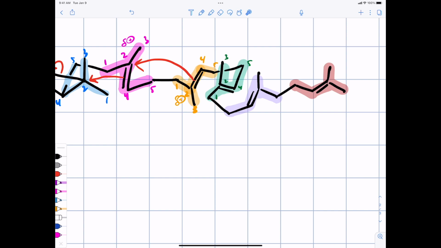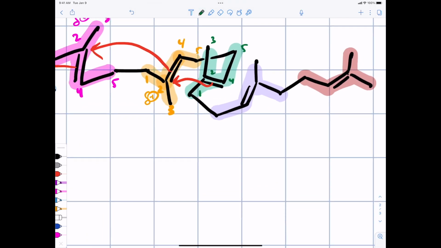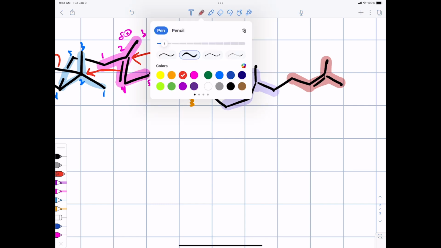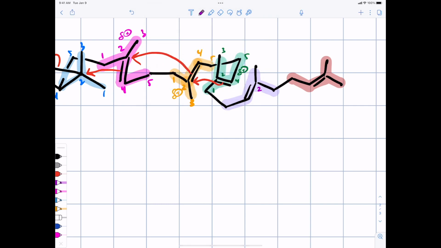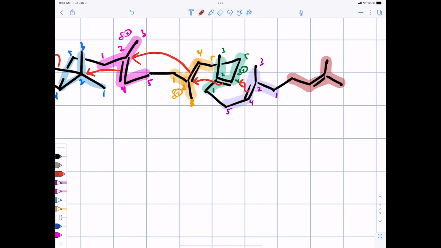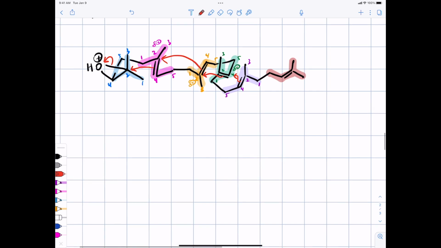All steroids have a 6-membered ring at this position. So we're going to show pi electrons making a bond between green 2 and orange 2. That's a 6-membered ring, so that there would be a buildup of partial positive charge on carbon 4. And then we're positioned so that the pi bond between purple 2 and 4 can attack green carbon 4 to make a 5-membered ring, leaving a positive charge on that more substituted carbon.